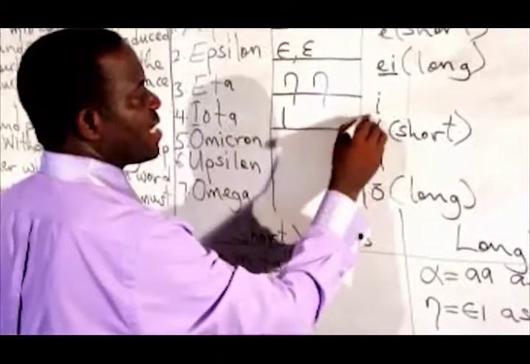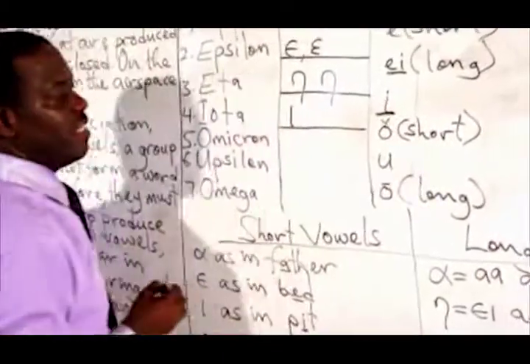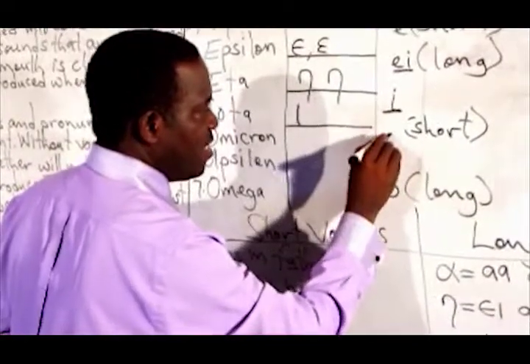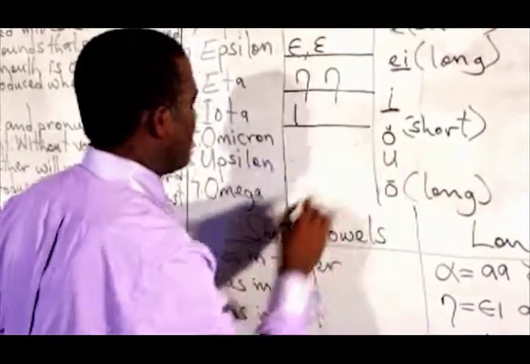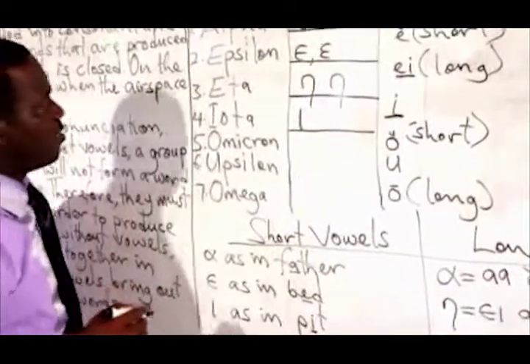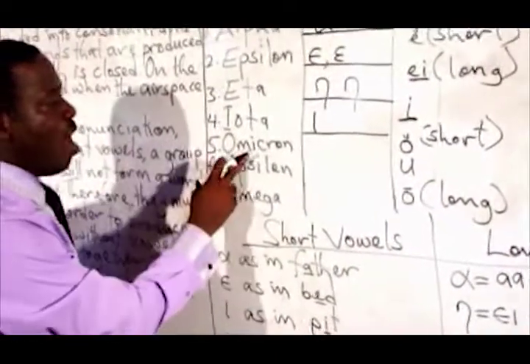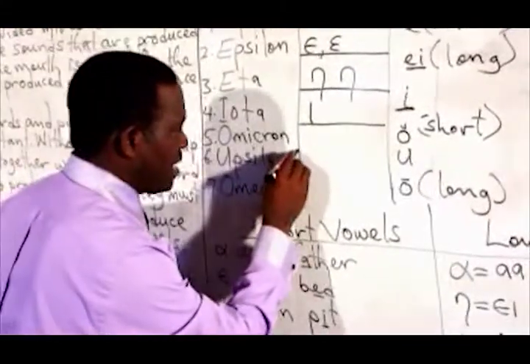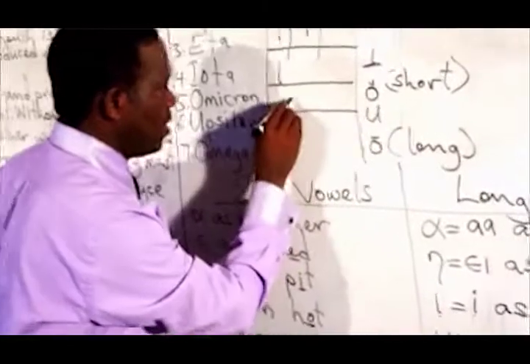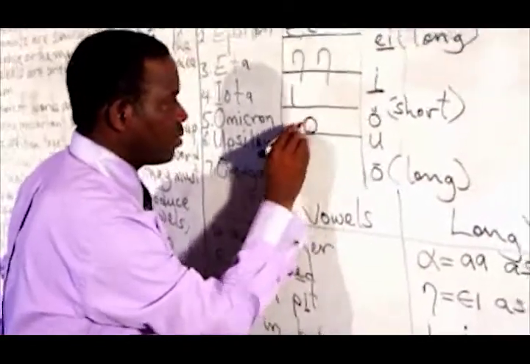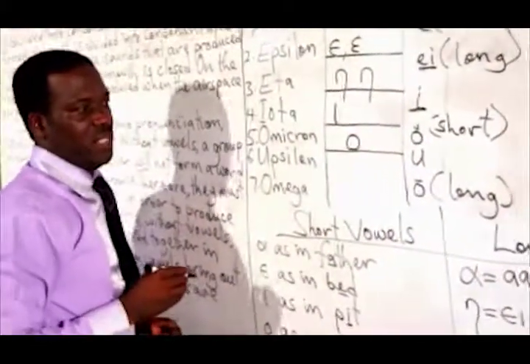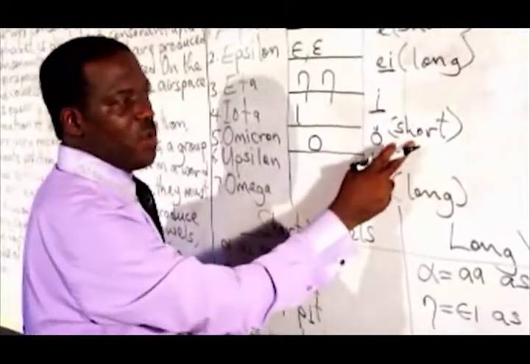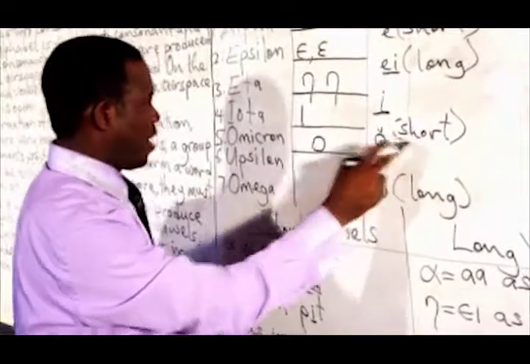So iota sounds as E. The next Greek vowel is omicron. And this is how to write omicron again. Omicron sounds as O, and is the short O vowel in Greek.